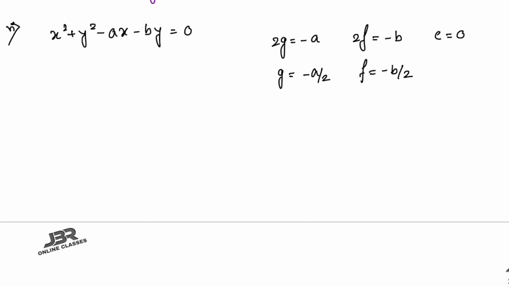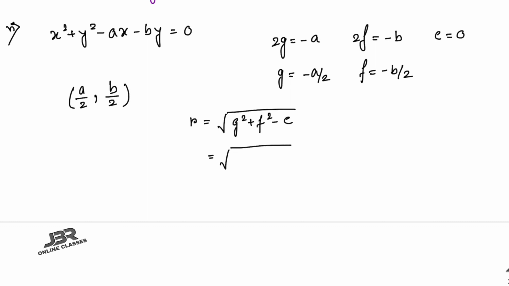Okay, so here the center is a by 2 and here b by 2. Okay, and the radius equal to here root over g square plus f square minus c. So g square means here a square by 4, here b square by 4, here minus c, then c means it's 0. So write down here it's 1 by 2 root over a square plus b square. That is your answer.